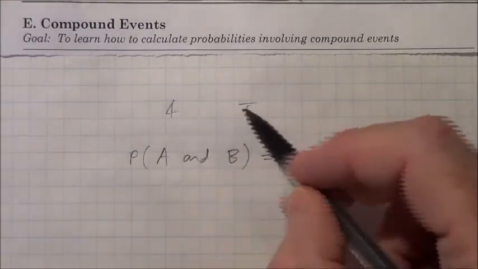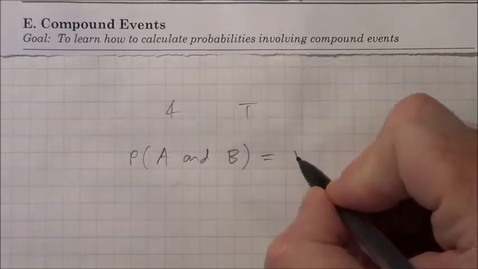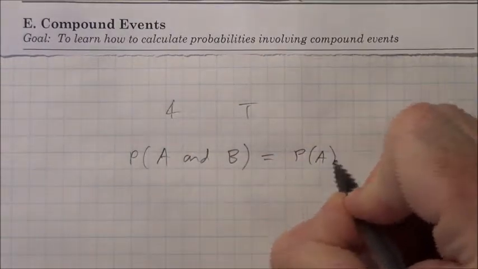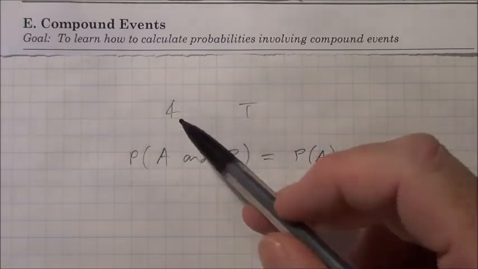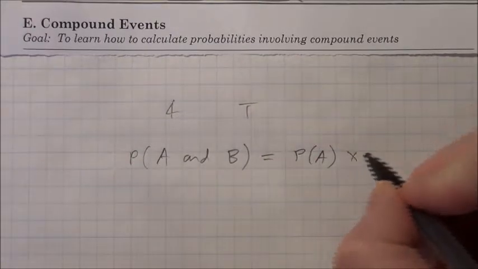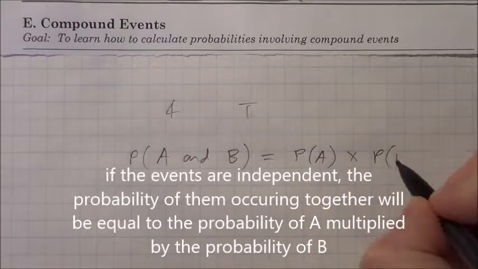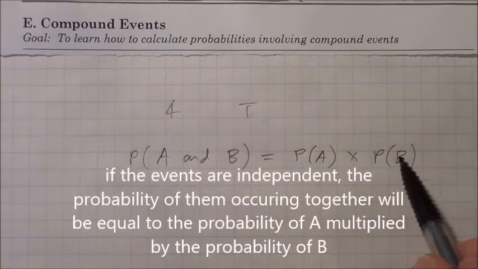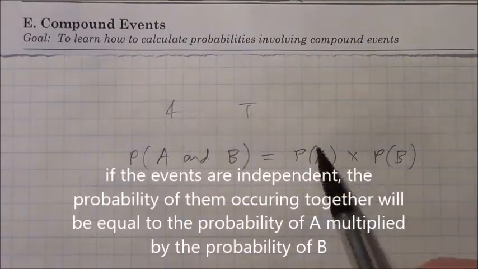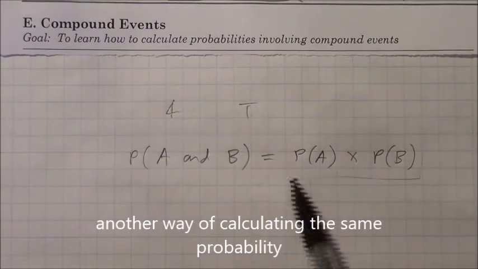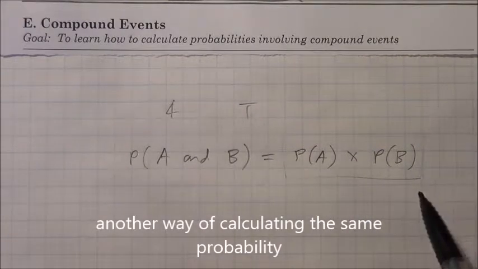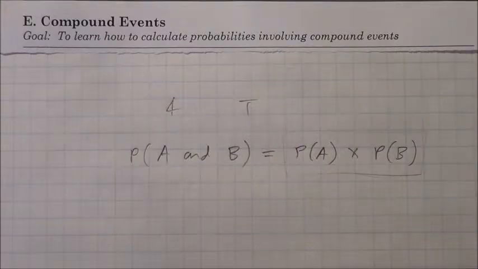If we find the probabilities of each of those, and if they're independent, then the probability of A and B is the probability of event A occurring multiplied by the probability of event B occurring. If they're independent, this is the way we can calculate it. Okay? And this concept can be extended.